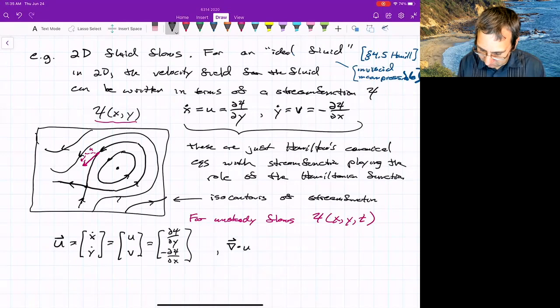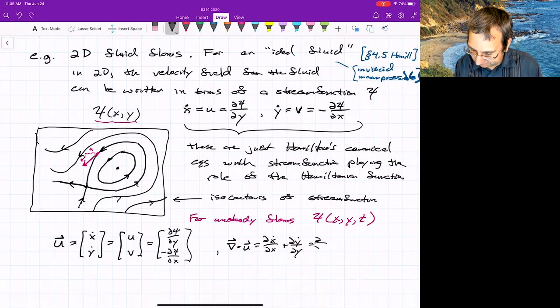We write it in the usual fluid notation that way: partial x dot, partial x, plus partial y dot, partial y, and it's going to be 0. Partial squared psi, partial x partial y, minus partial squared psi, partial y partial x equals 0.